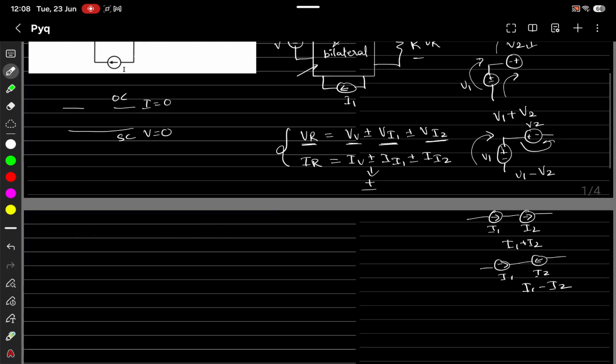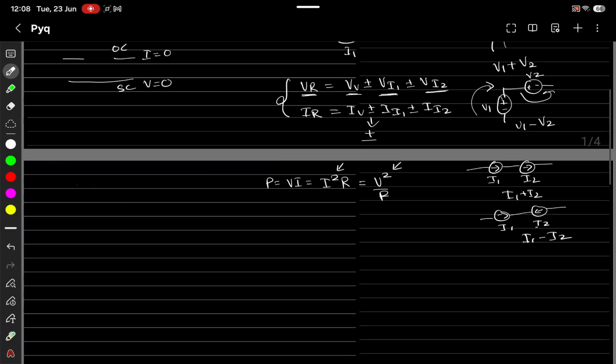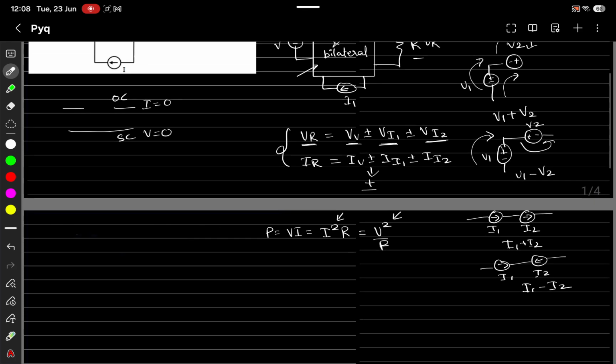We cannot do the same thing for power because power is equal to V into I, which is equal to I squared R, which is equal to V squared by R. If you see carefully, we have square terms. If you increase I and V, P is not increasing linearly. If you plot this graph, you will get a parabola. So this is not a linear term and we cannot do the algebraic sum.